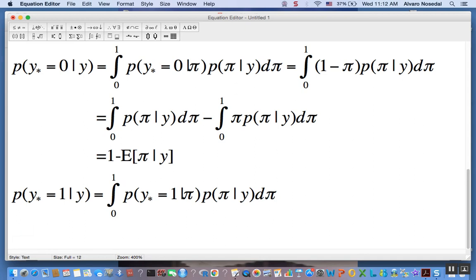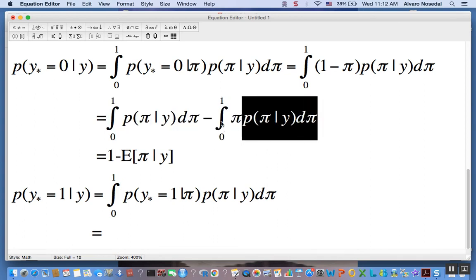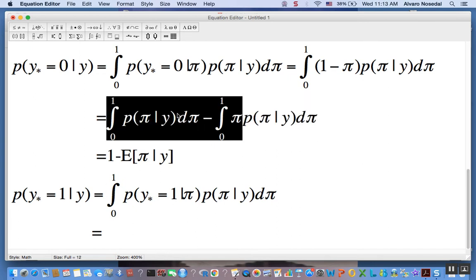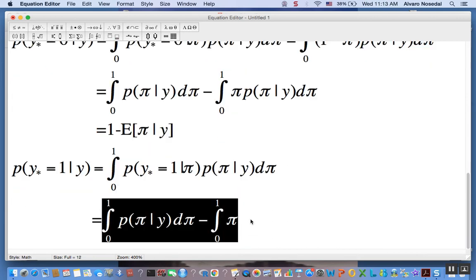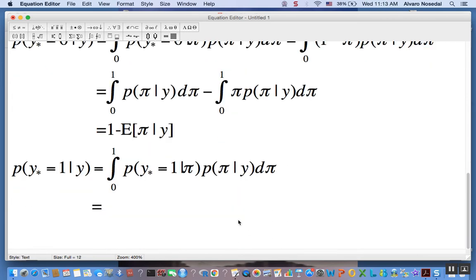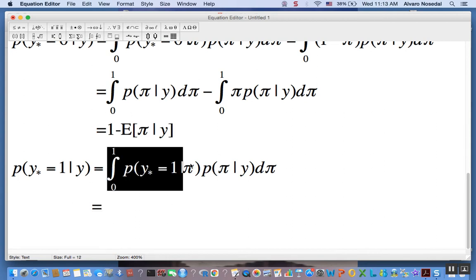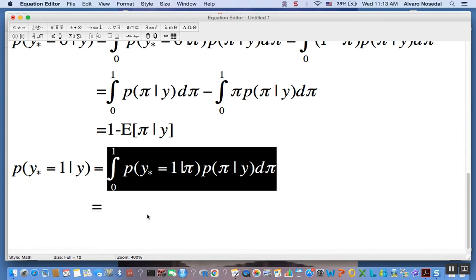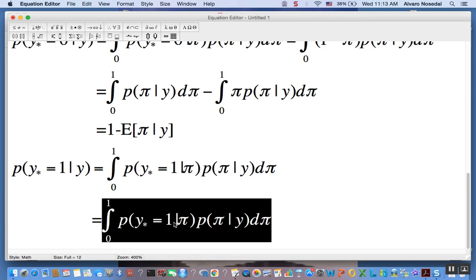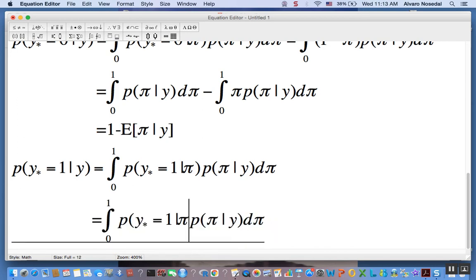So it would be this integral. Let me copy that integral. This one will be just pi.